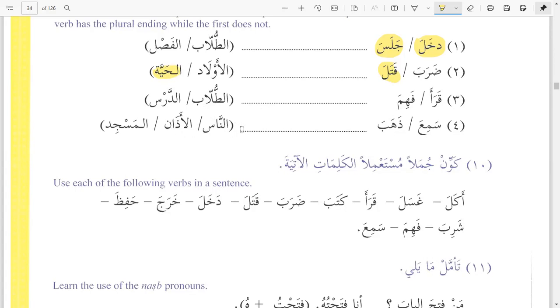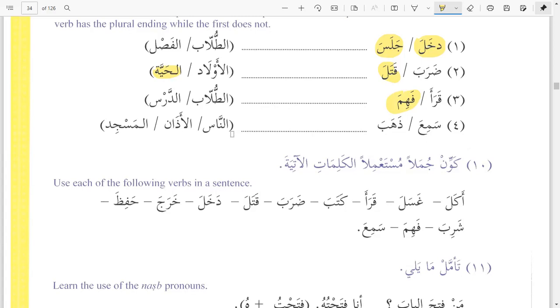Next is an-nasu adhana. Okay, qara'a, fahima. So it will be fahimuhu. Qara'at tulabu darsa wa fahimuhu, and understand it.